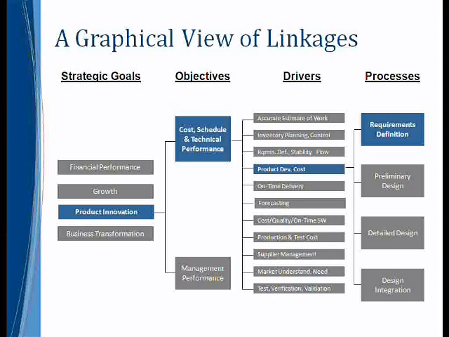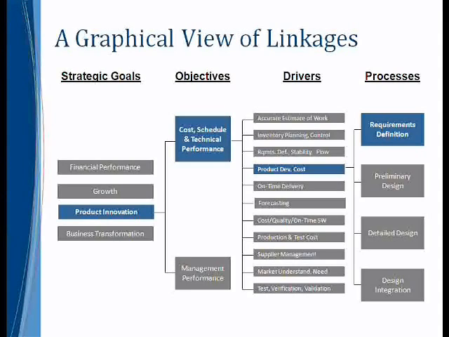This is a graphical depiction of the benchmarking alignment worksheet, and it really depicts the cascading relationship of the organizational outcome to the tactical process. You can see that this organization had a strategic goal of product innovation, and the objectives they set forth were around cost, schedule, and technical performance.